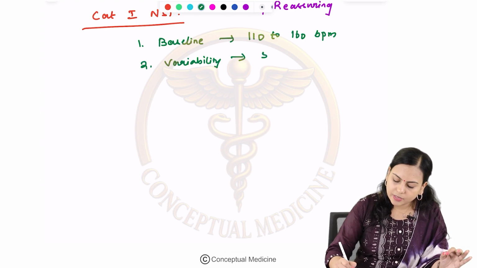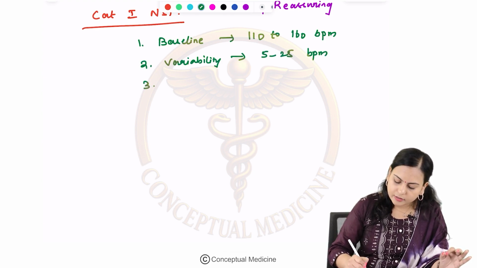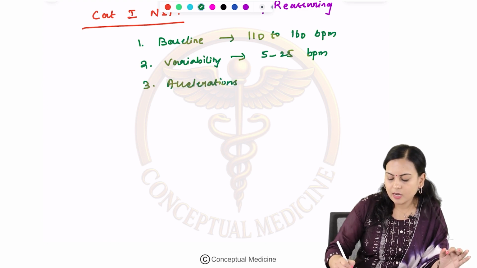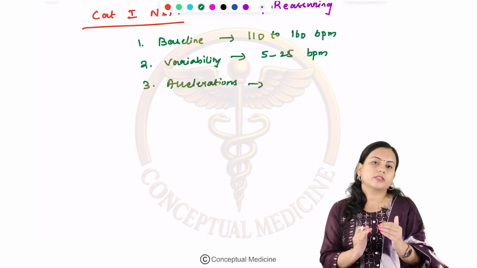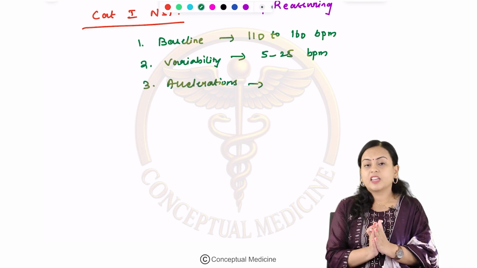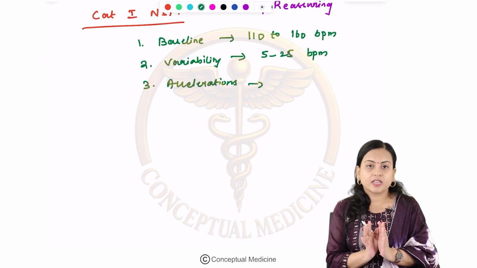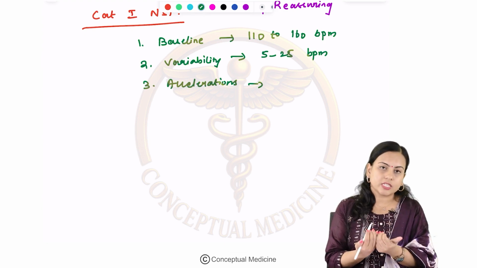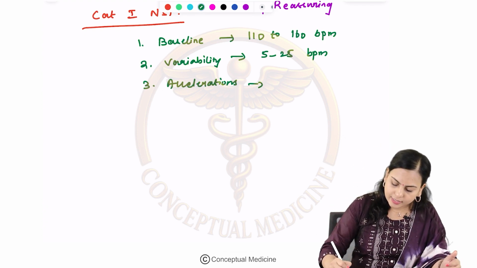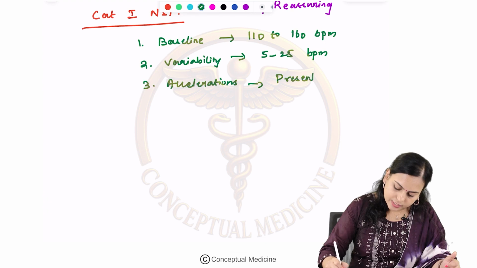Variability. That will be between 5 to 25 beats per minute. And accelerations, see, ideally, remember, accelerations if present, then it is well and good. Okay. But if the accelerations are absent, it doesn't make the CTG a suspicious or a pathological one. Clear? So, accelerations can be present or absent.